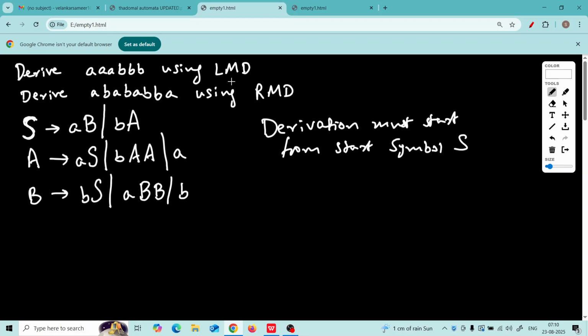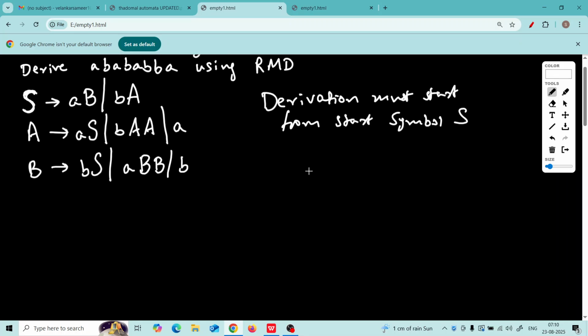While solving the problem, I will tell you the meaning of leftmost, why it is known as leftmost derivation. Note, the string to be derived is AAABBB, okay. So start with the start symbol S.